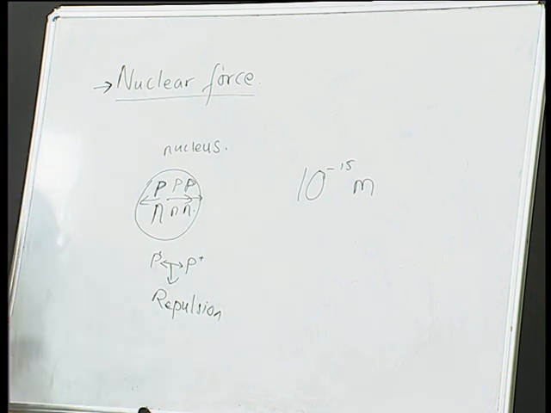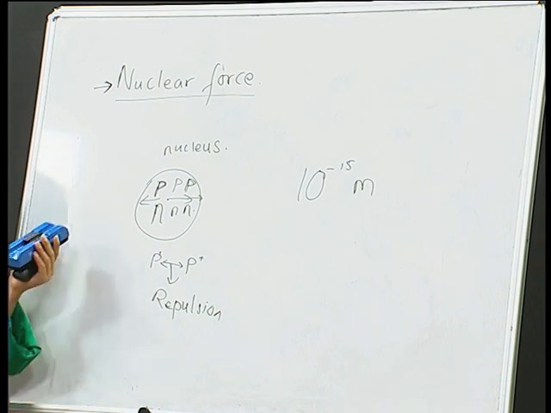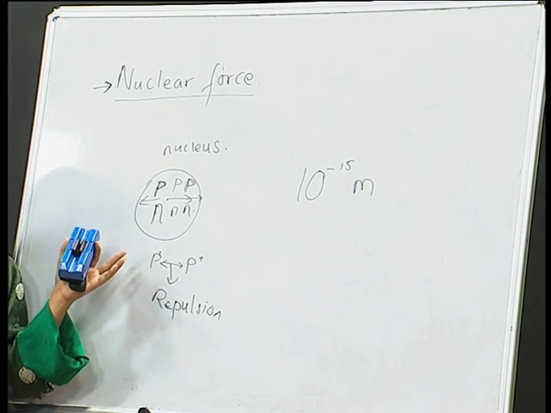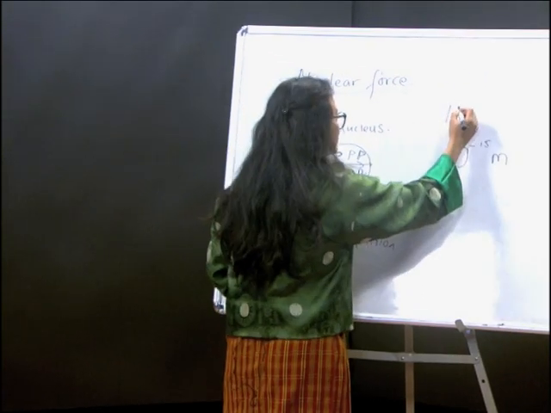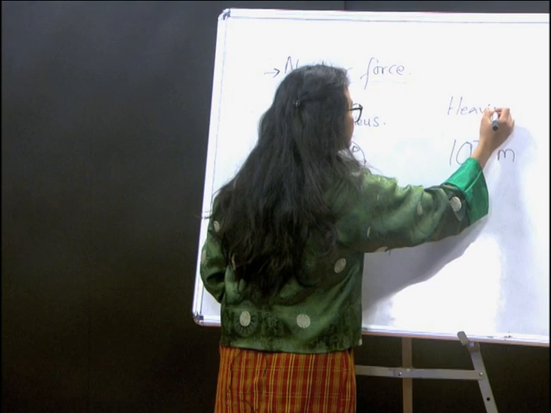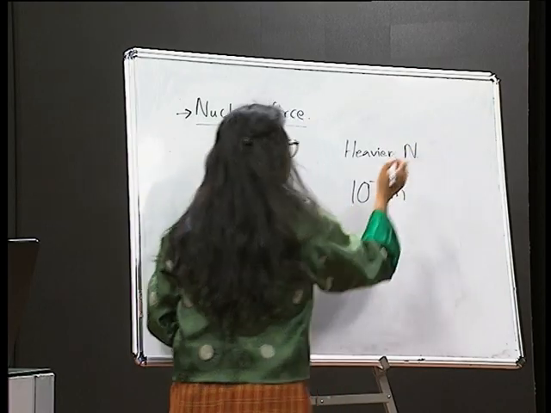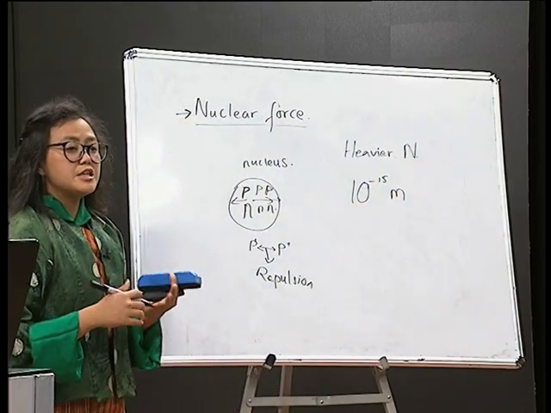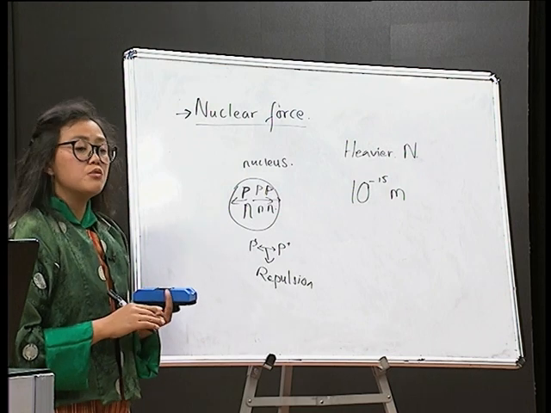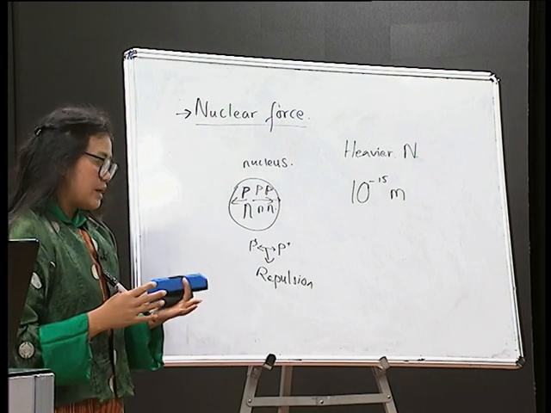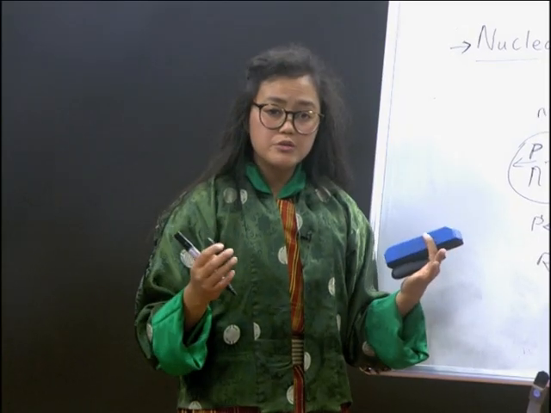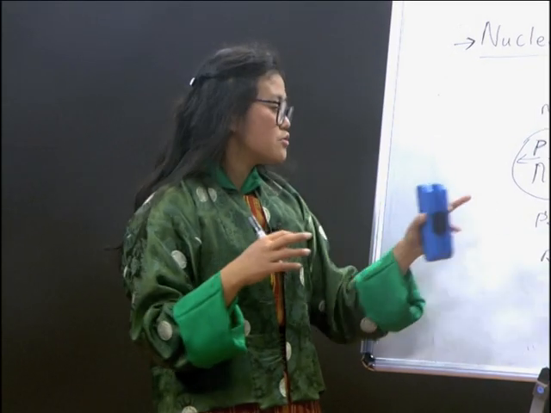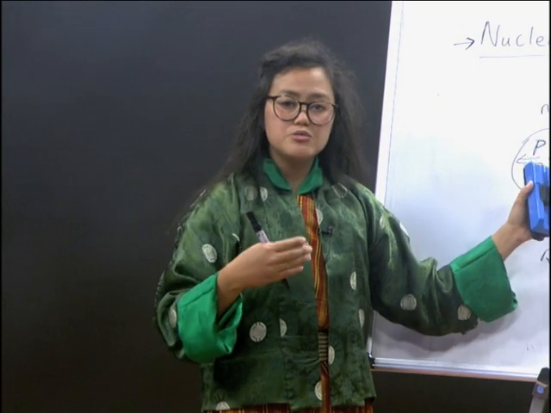So there wouldn't be any disintegration or splitting of the nucleus. Now, the problem comes with the heavier nuclides. Heavier nuclides, that means elements containing more neutrons and more protons. For this, the nucleus has to accommodate more neutrons and protons. Now, what happens to the size? Obviously, it is going to increase.